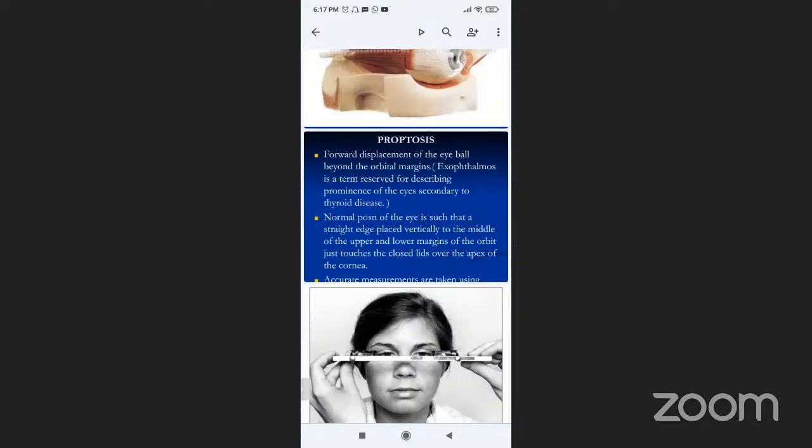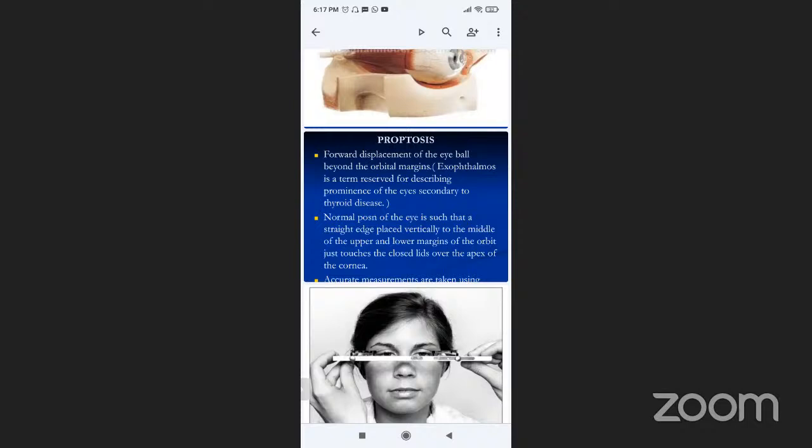Place both hands on either side of the head of the patient, and gently elevate the head, that is, push the head backwards, and look over the head of the patient.